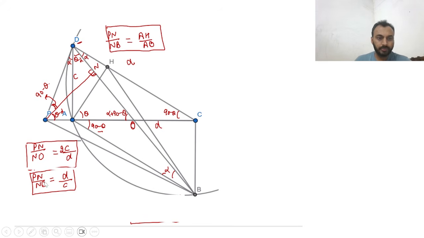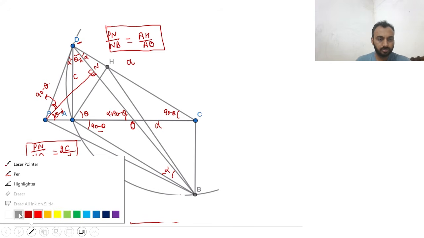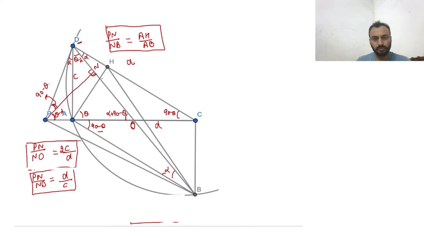So first we can divide them to find out our Bn length. Or in fact Pn by Bn, if we want to find out, first we have to find out this Bn.